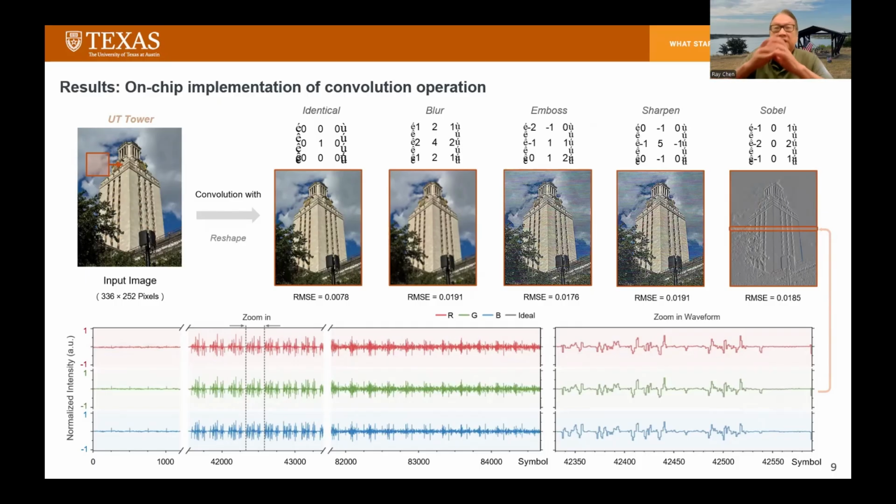As you can see, the correct answer can be retrieved quite well with high accuracy, and those filtered images show low deviation from the ground truth, as you can tell from these calculations.